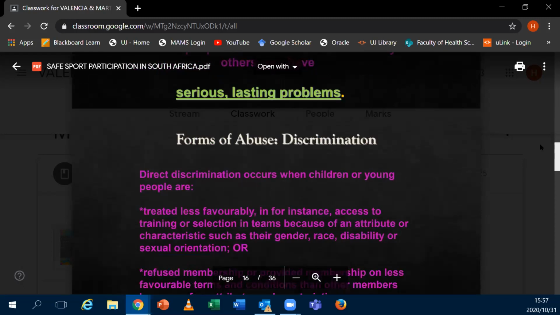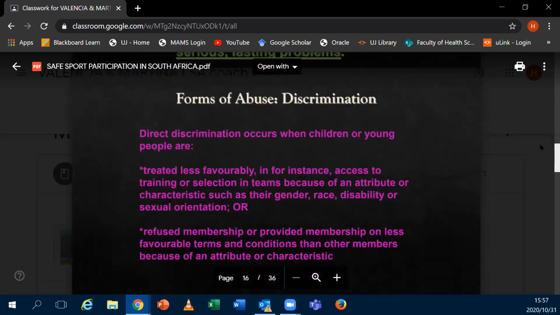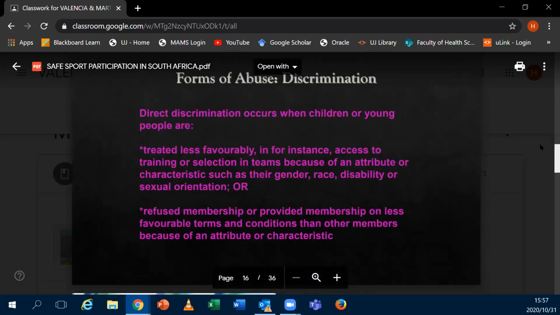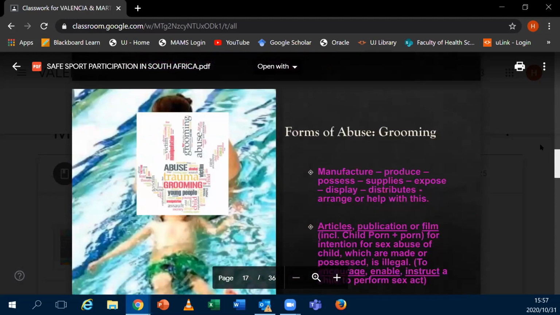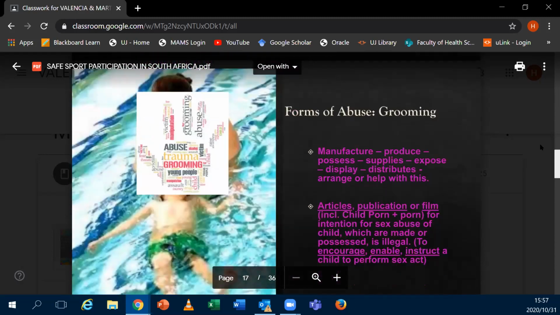Okay, so the bullying, the discrimination, and Helen went through that in terms of fairness and treatment. And then we have grooming, and grooming and hazing relate directly to sexual abuse.